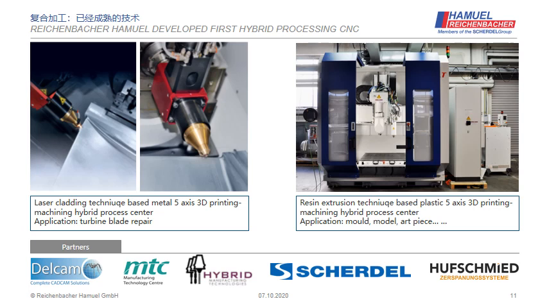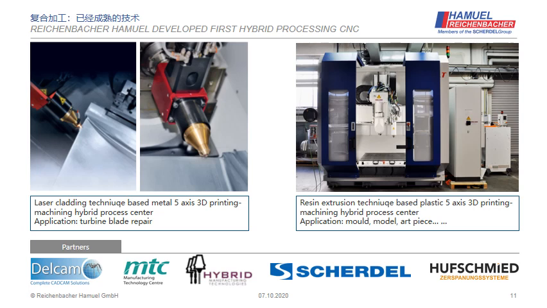This machine was developed 5 years ago, and now it works well to repair blades and some very high-value parts. And just several months ago, we developed resin or plastic 3D printing with a five-axis machine. So now we have solutions both for metal work and for non-metal work.